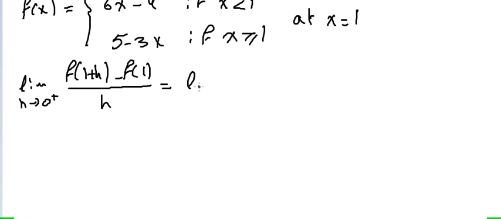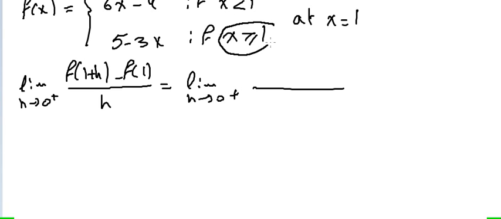the limit as h approaches 0 plus of f of 1 plus h. Which one do we have to take? It's h approaches 0 plus, so x is greater than 1. This means this one, 5 minus 3x, but we don't have x, so it's 5 minus 3 instead of x, 1 plus h, minus f of 1. Also we take it over here because x equals 1.